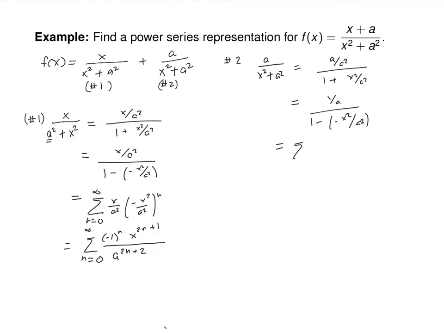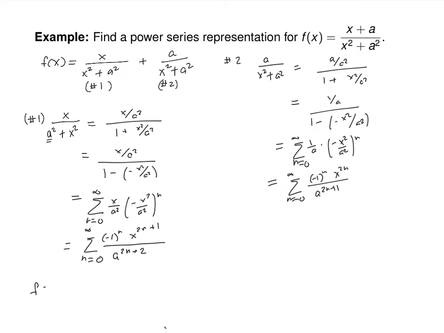So that's the sum from n equals 0 to infinity, 1 over a times negative x squared over a squared to the n, or the sum from n equals 0 to infinity, negative 1 to the n, x to the 2n over a to the 2n plus 1.